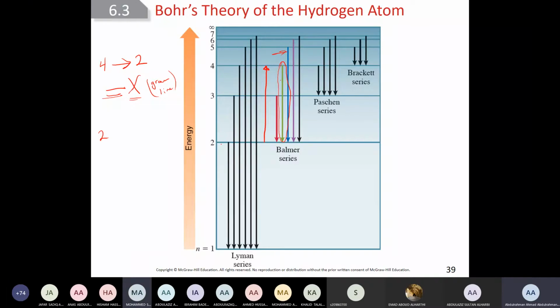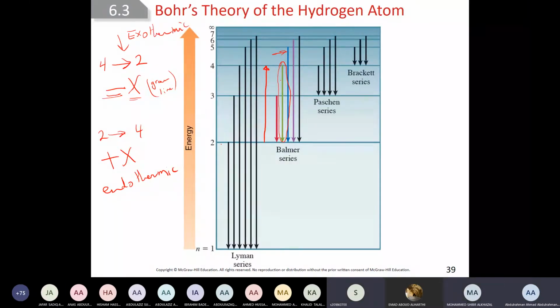But if you go from 2 to 4, it will be exactly x again, but positive. So this is endothermic, and from 4 to 2 is exothermic.